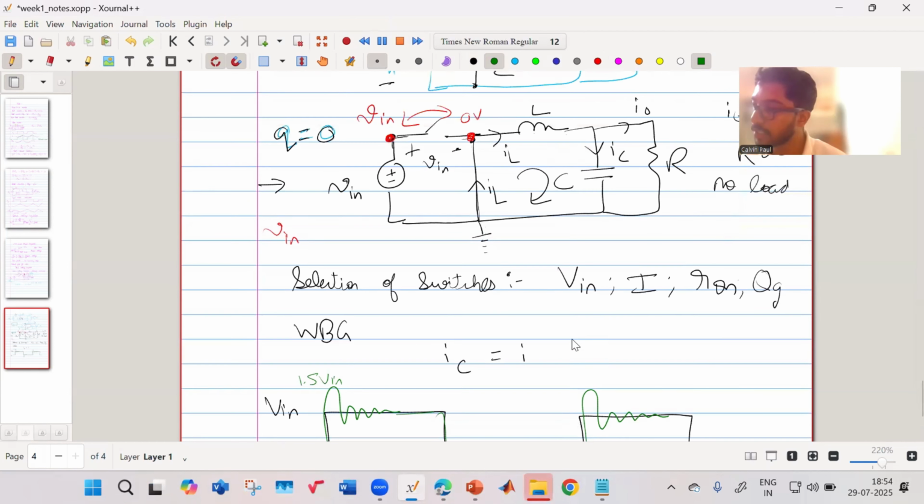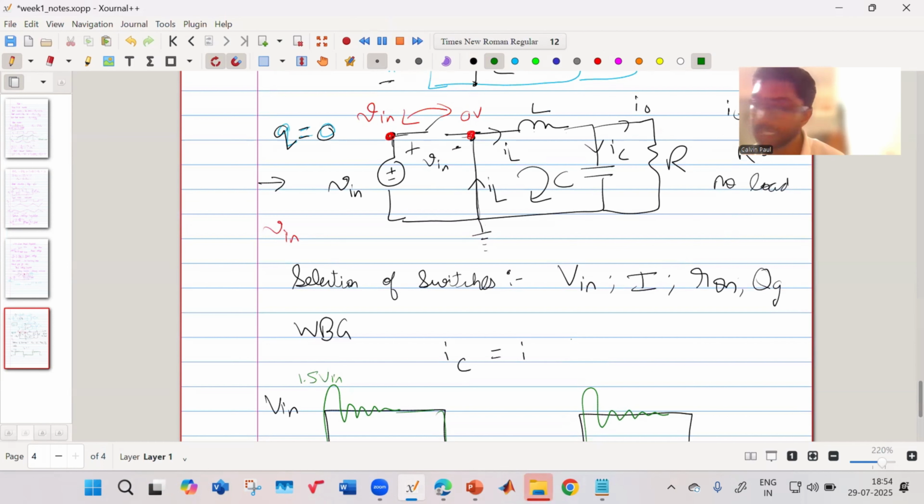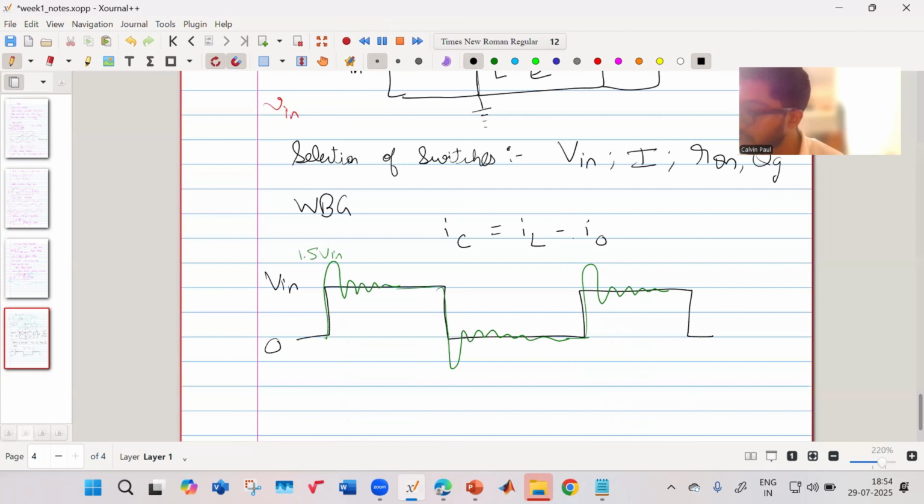Next part is why the voltage ripple is dependent on the load current. Because your capacitor current is equal to IL minus I naught. IL minus I naught is the capacitor current. And what is your voltage?